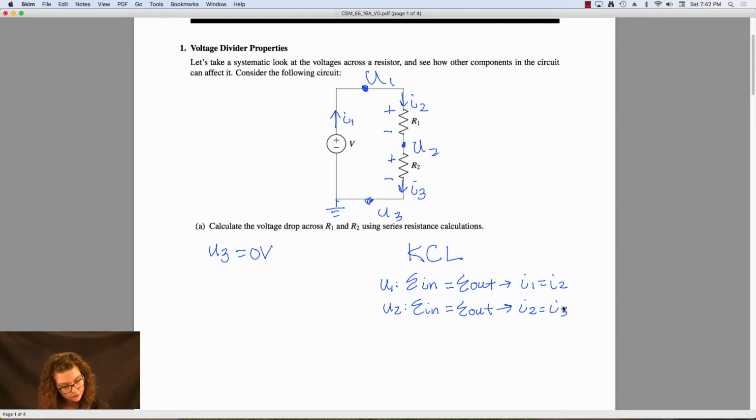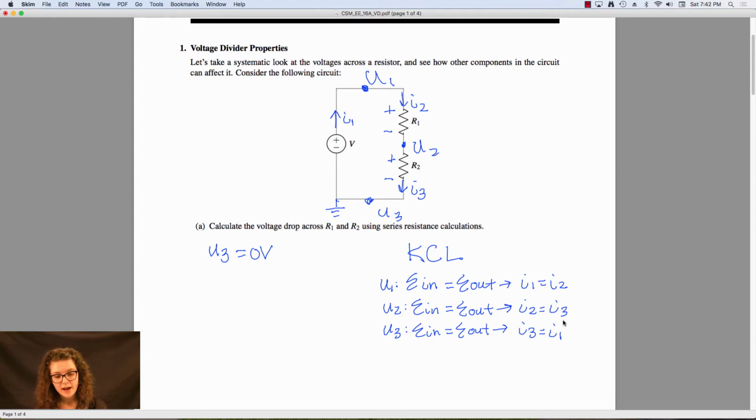So we could do U3. I'm actually going to do it right now to show an important property. In equals out. So we have I3 going in and I1 going out. So in reality, we actually do not have to do KCL at U3. It's going to result in an equation that is linearly dependent.